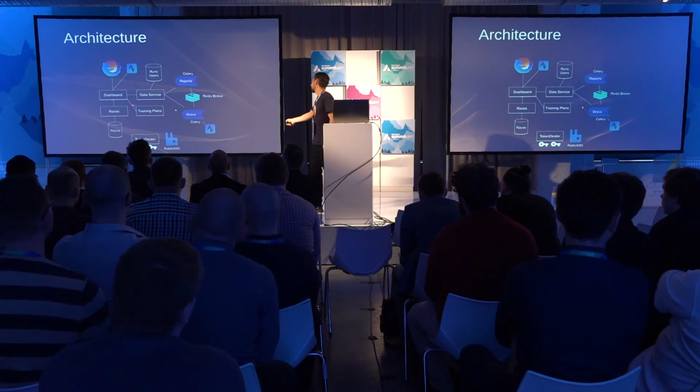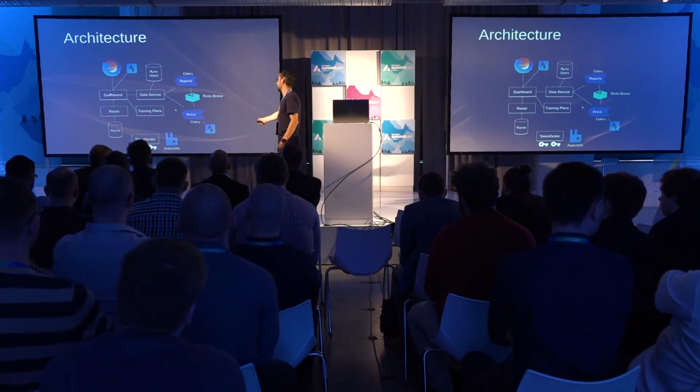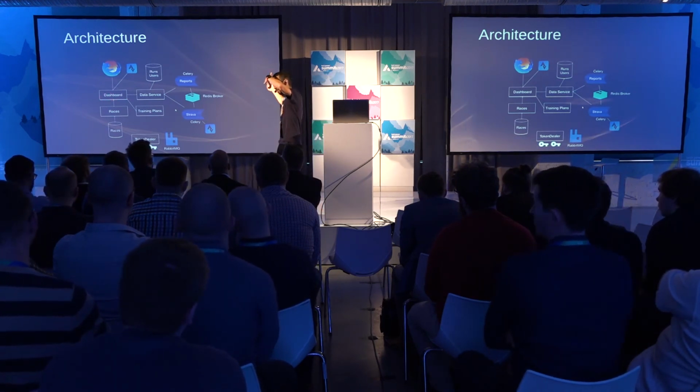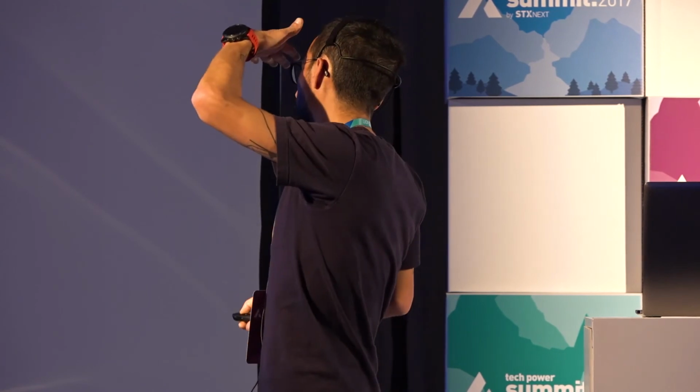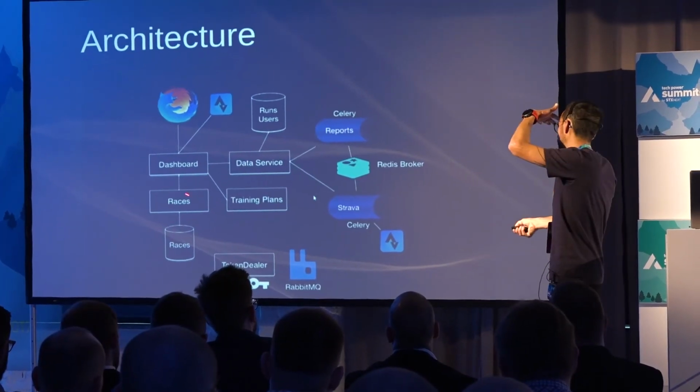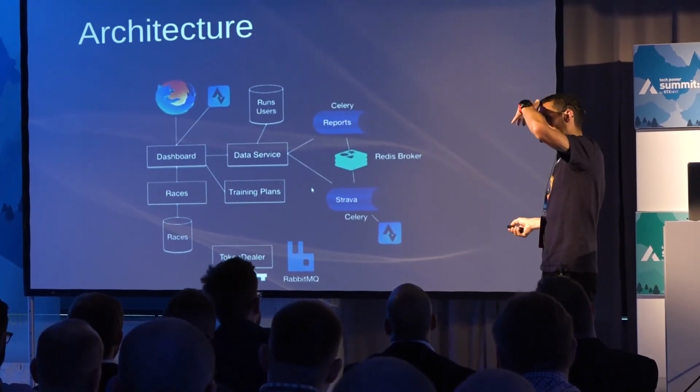All right, so this would be this one. Here, let's say you have a React application that interacts with everything, and there are two ways to do it. You could have a Python application that serves the React file and proxies all the calls everywhere.